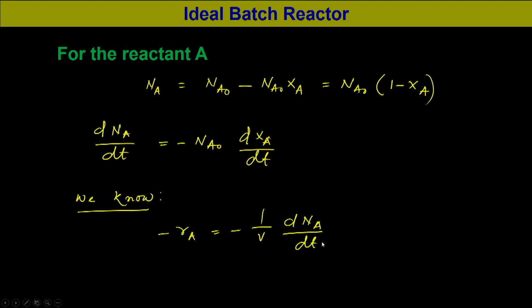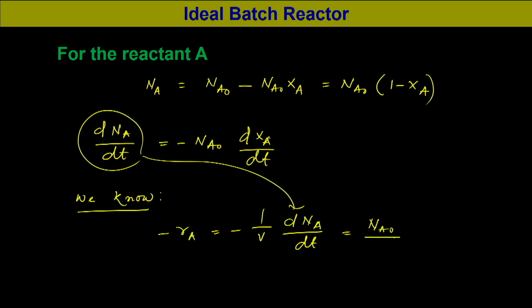Now, if we substitute this dNA/dt from here, we would obtain NA0 by V dXA/dt.